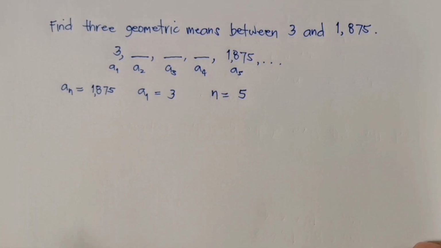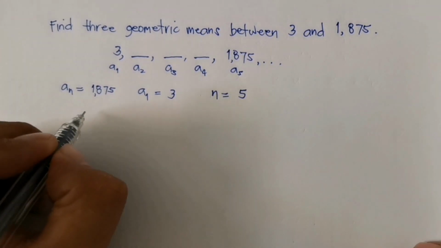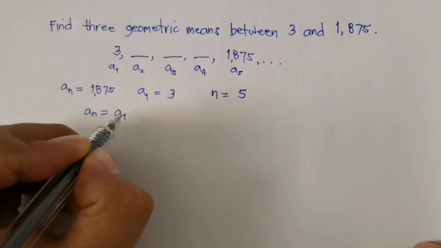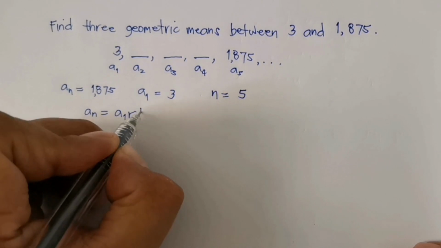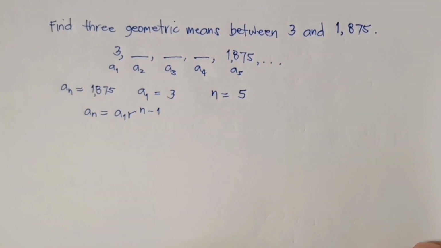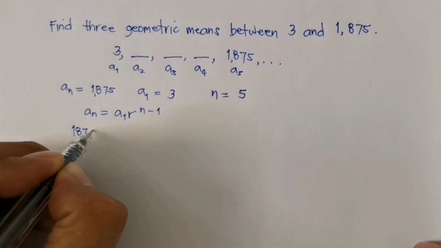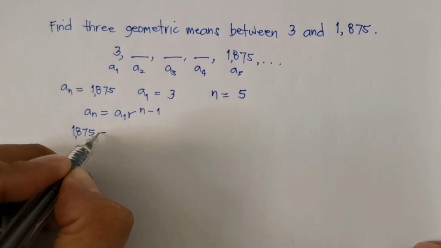Okay, so let's try to solve for the common ratio. A sub n equals A sub 1 times r raised to n minus 1. Substituting the values, A sub n is 1,875.